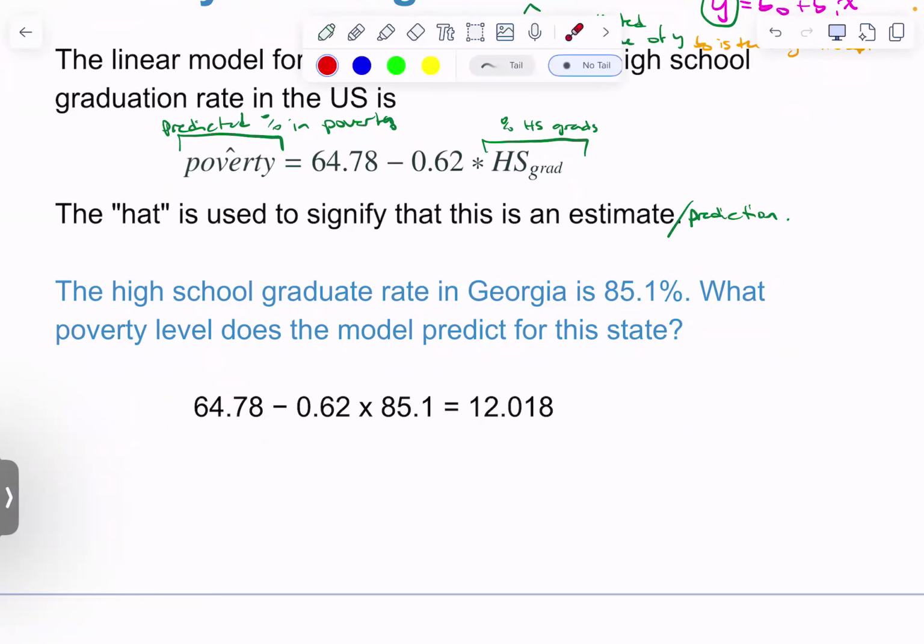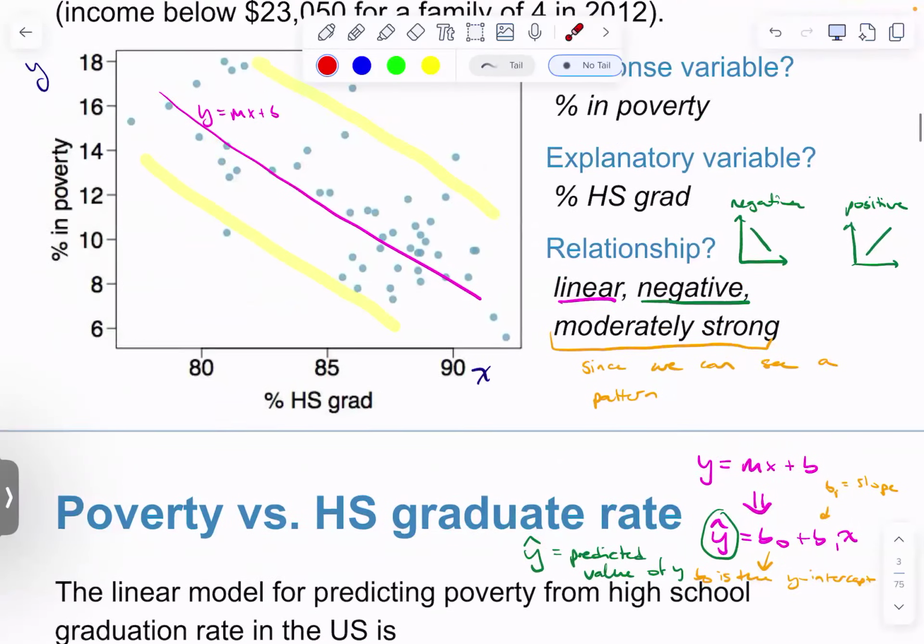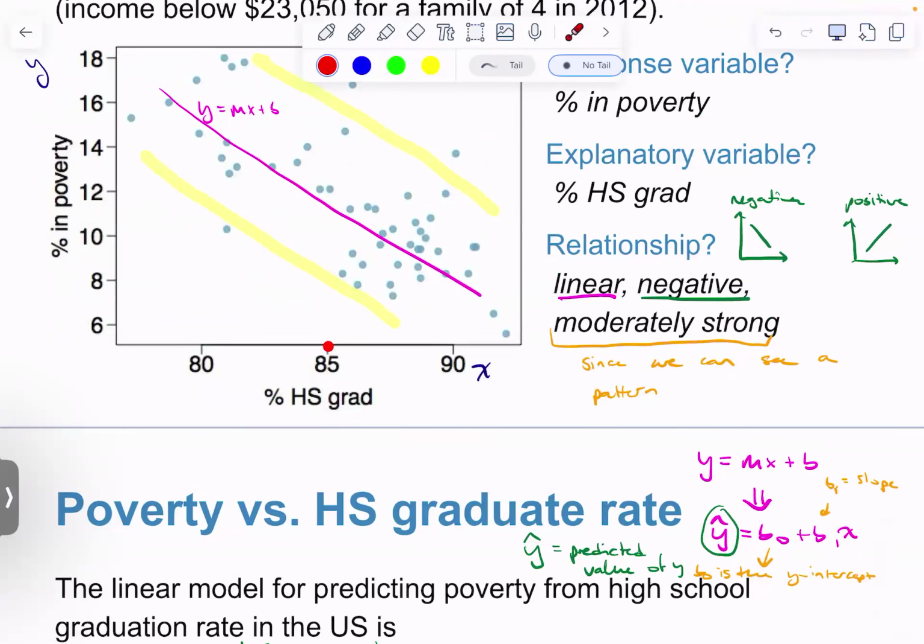Getting ahead of myself. How do we use this thing? If we know the high school graduate rate in Georgia is 85.1%, what poverty level does the model predict for this state? So if we go back to our graph here, 85.1 might look something like that.